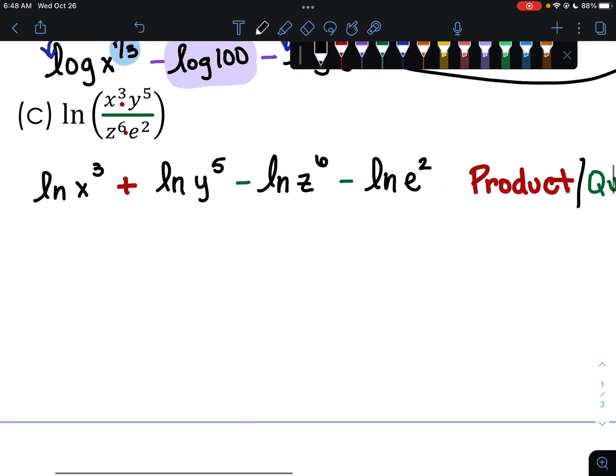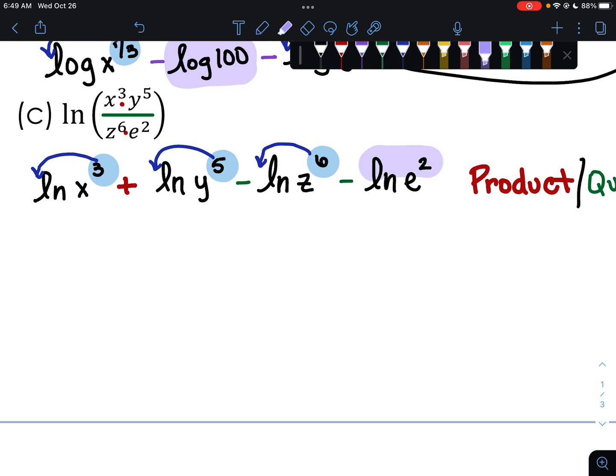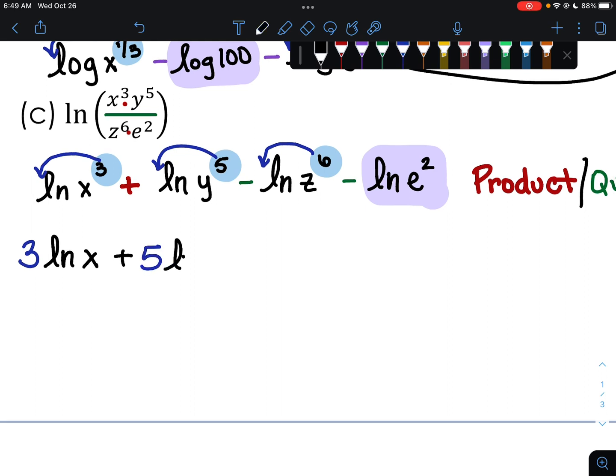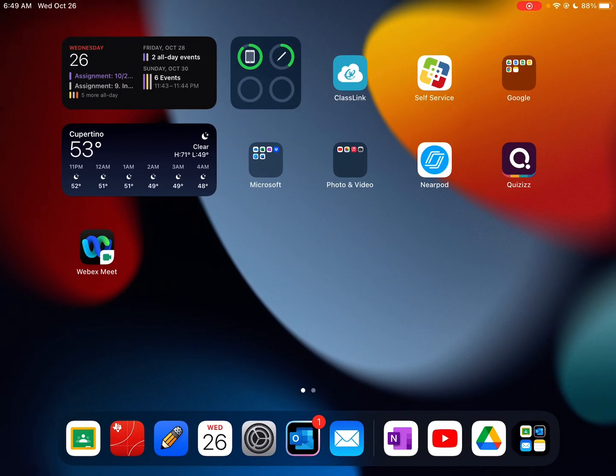Now, the only other thing that I see is that these have some exponents here, here, and here, which means they can be dropped down. Something that we may forget is that e is a number, so this actually can be simplified. We're going to do those in the same step. So I get 3 natural log of x plus 5 natural log of y minus 6 natural log of z minus, I'm going to type in the natural log of e squared into my calculator.